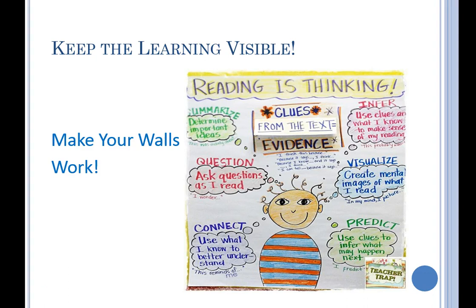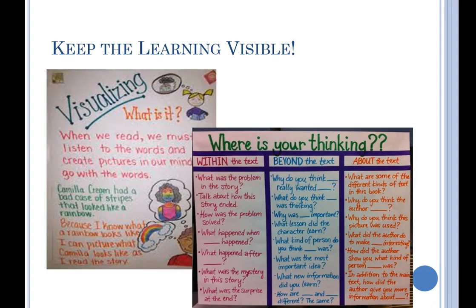Now, one thing that's a very simple but very effective strategy with teaching reading strategies is to make your walls work for you, to make anchor charts and create little posters or little reminders of things that students need to be doing while they're reading. For example, this one is a better example of a visualizing strategy.